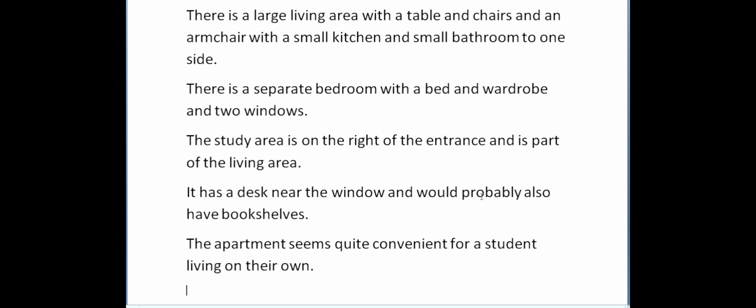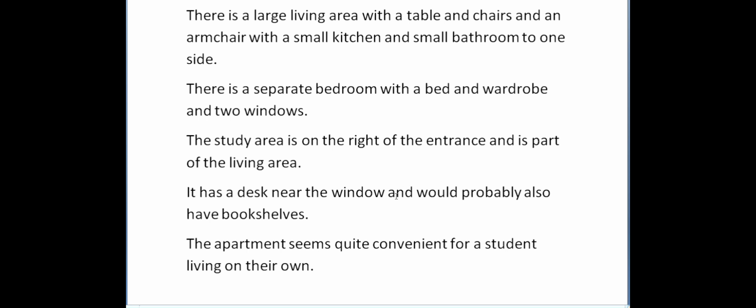Near the window, showing the connection, and would probably also have bookshelves. So this is our assumption. This is our implication. Would is speaking about the possibility. Probably is again a very good word to go with. Use it in your essays and speakings wherever you can. So the continuation is, and would probably also have bookshelves.